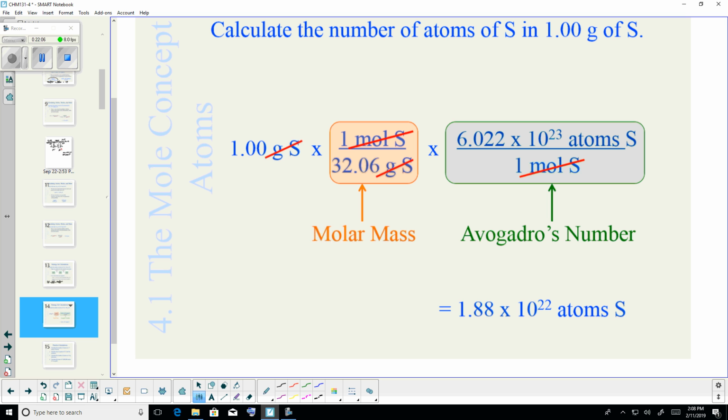That's the molar mass. To go from moles of A to moles of B, we use coefficients, and we'll talk about that later. But once you get the hang of this, it's pretty simple.